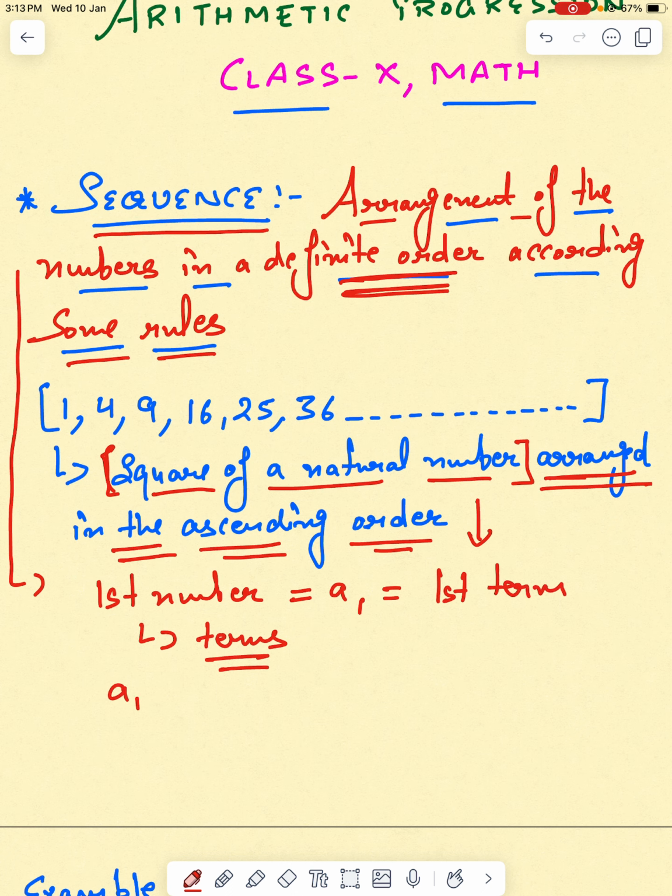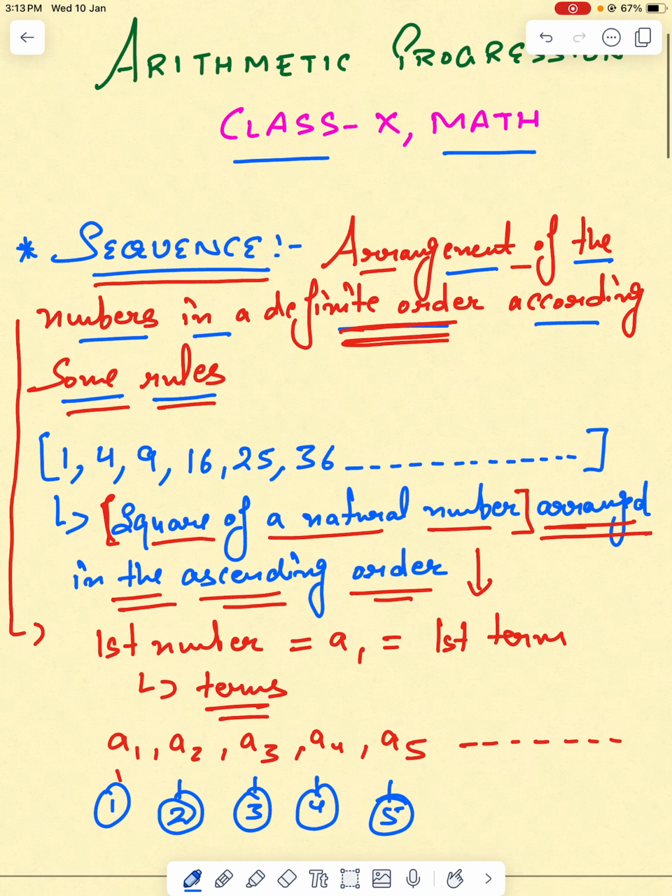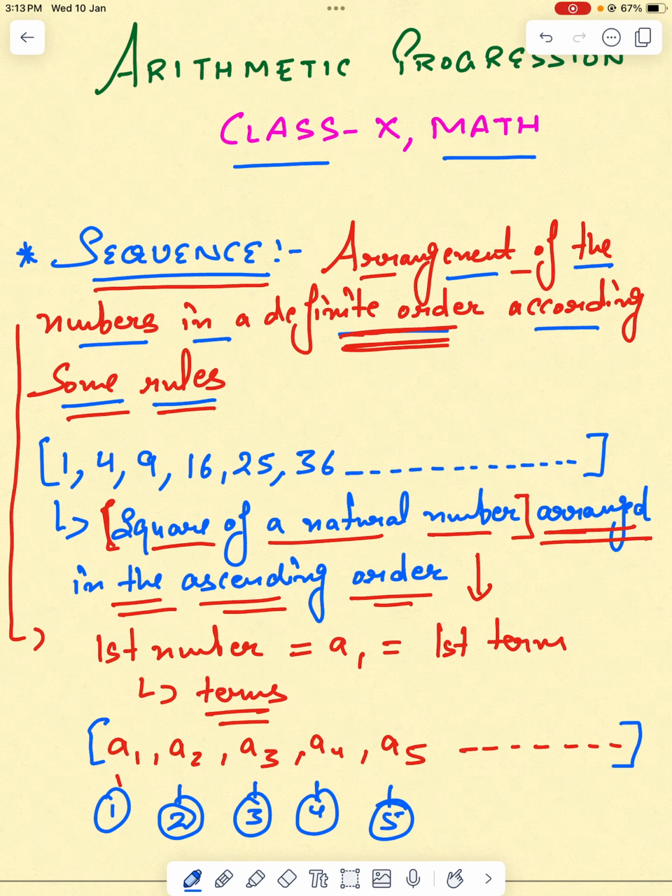Like if I say a1, a2, a3, a4, a5, these are the terms of the sequence: this is your first term, second term, third term, fourth term, and fifth term. This is the general way to express any sequence.